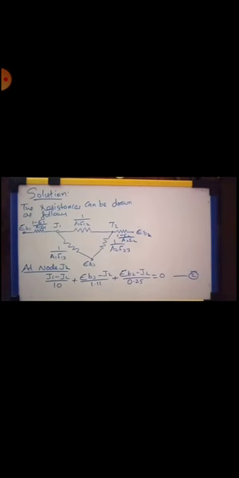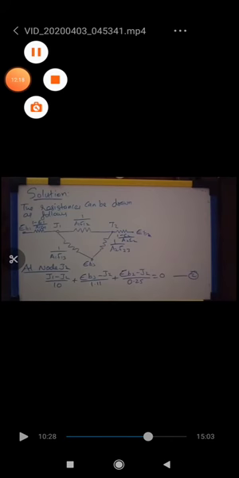Then at node J1, EB1 minus J1 divided by 0.25 plus J2 minus J1 divided by 10 plus EB3 minus J1 divided by 1.11 equal to 0.